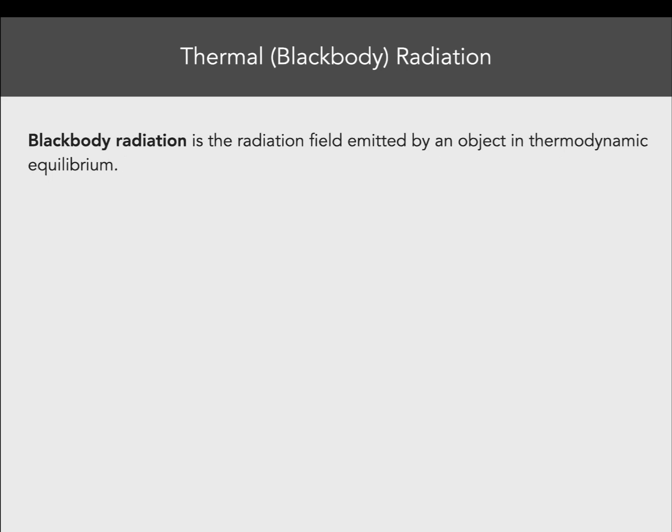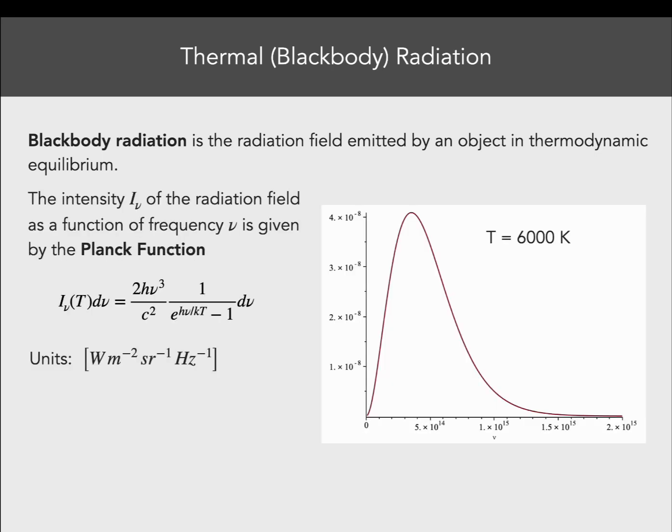Blackbody radiation is the radiation field emitted by an object in thermodynamic equilibrium. The intensity of this field as a function of frequency is given by the Planck function. This is the equation, and this shows the Planck function plotted as a function of frequency.